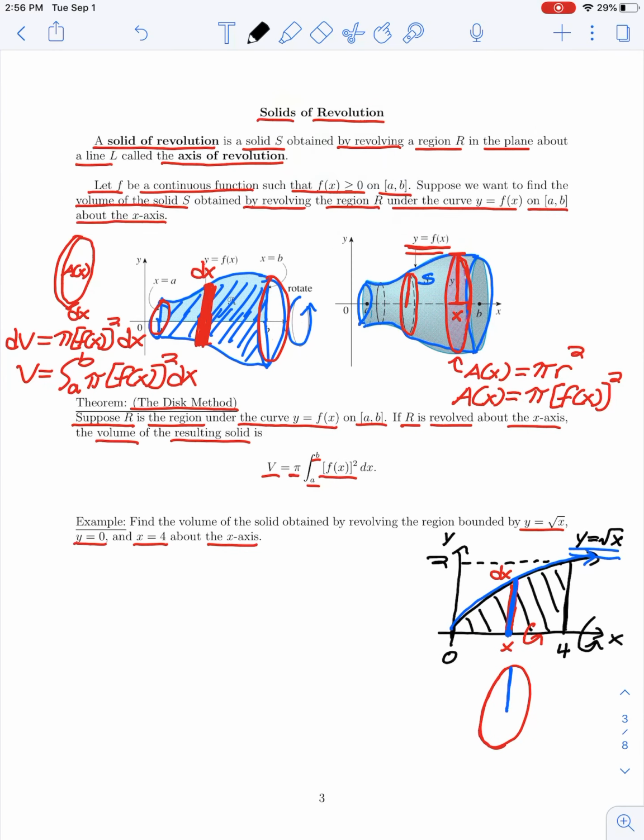So here, I'll say by using the disk method, the volume of our solid is found by integrating pi times f of x, which was root x squared, with respect to x, over whatever x interval specifies our region.